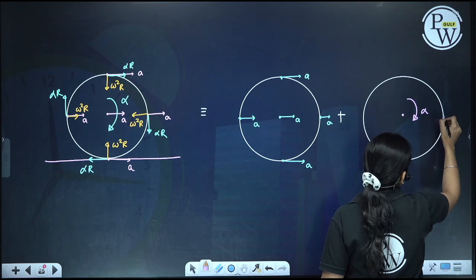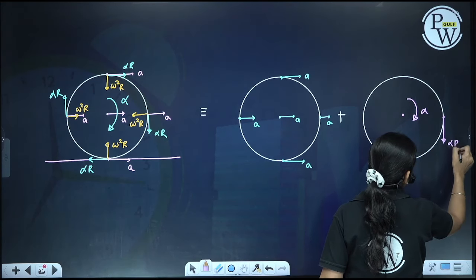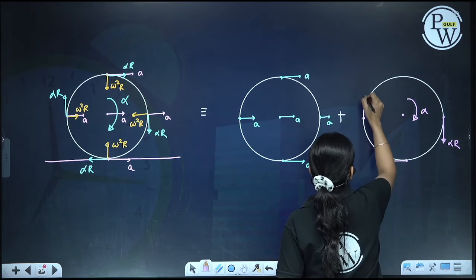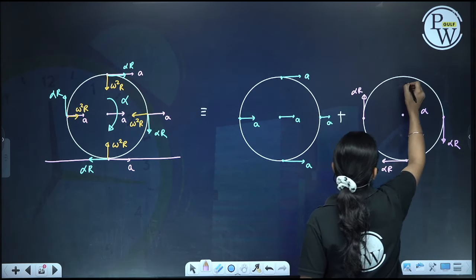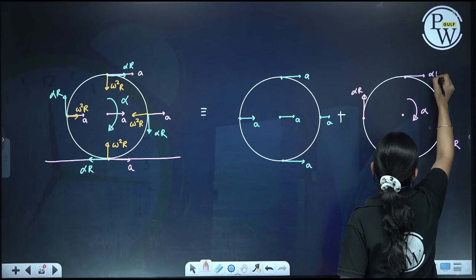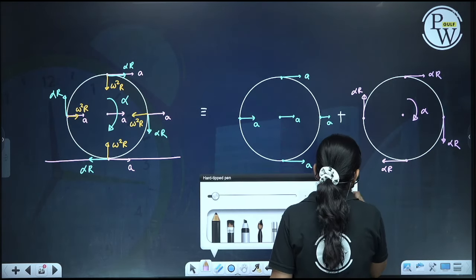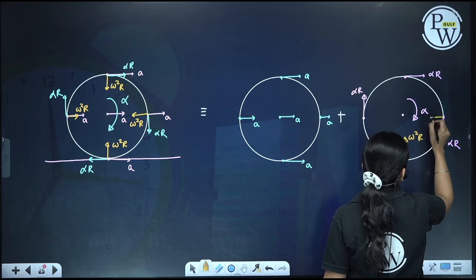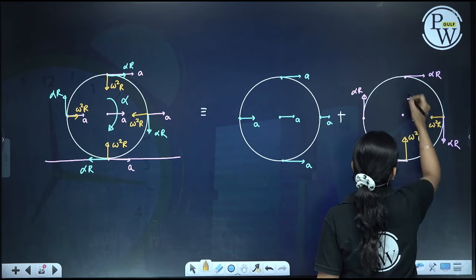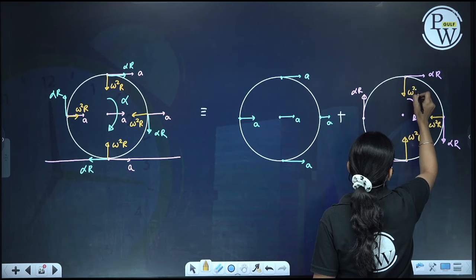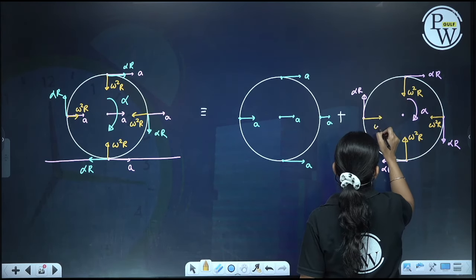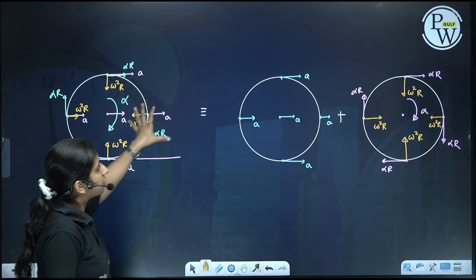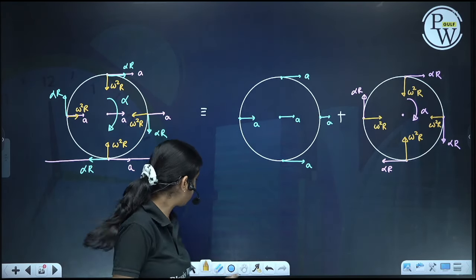So in the rotational part, every point will have a tangential acceleration a equal to alpha r and a centripetal acceleration as well. So draw the centripetal accelerations, omega square r, like this. Now this is pure rotational and this is pure translational. Just see that this motion is a combination of these two motions.